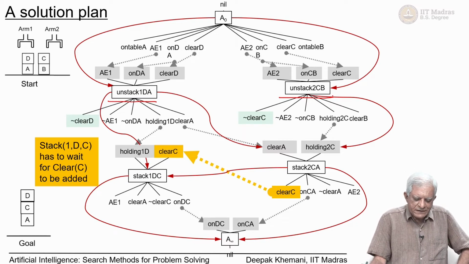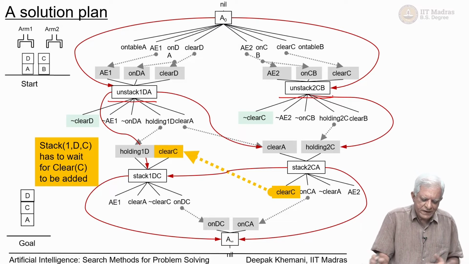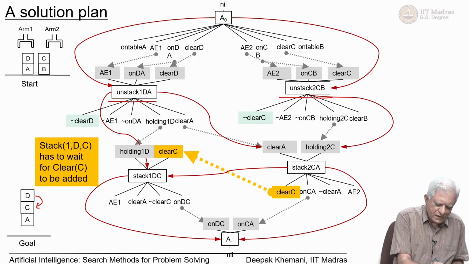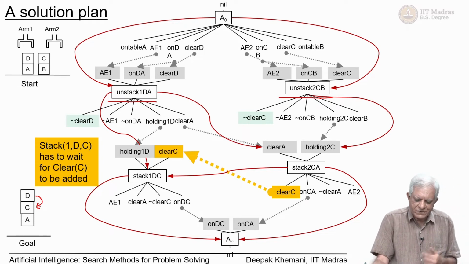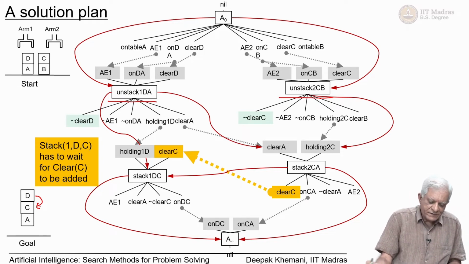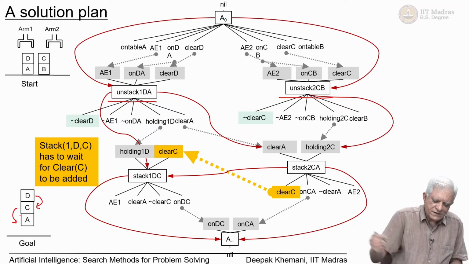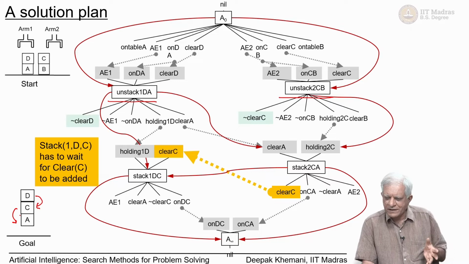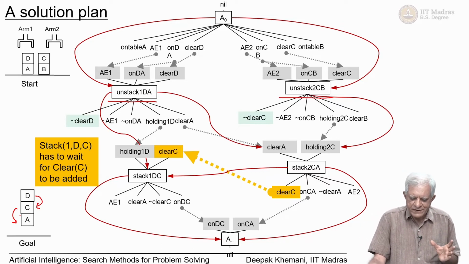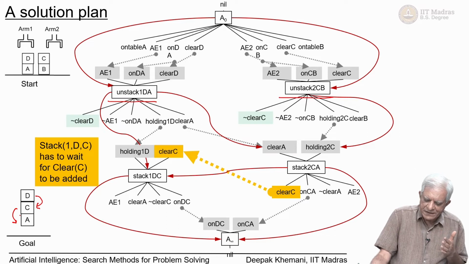Then we have this stack D on C. Why? Because that is a goal that we want to achieve, that D must be on C. And we have another action which says stack C onto A, and that is because that is the other goal that we achieve. So, these two actions will come into the plan. The only question is when, can they be done in parallel or can they not be done in parallel.